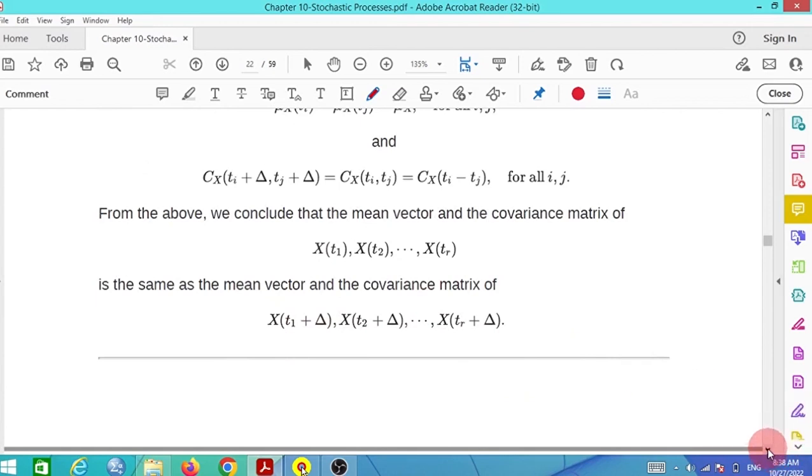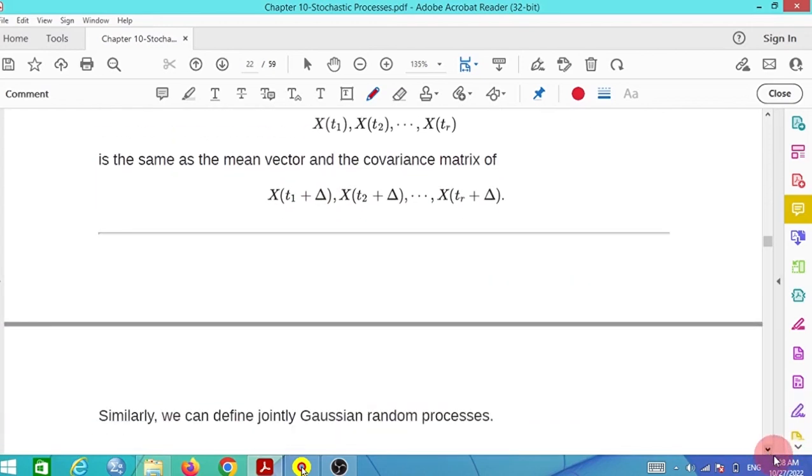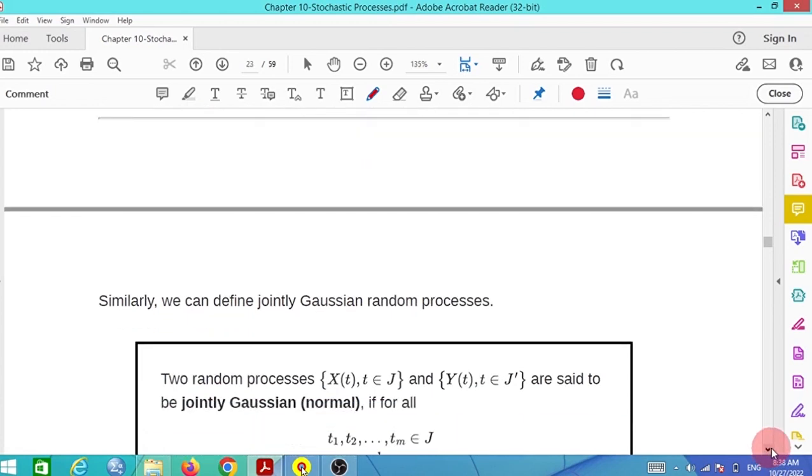So this means that when the process is Gaussian, the mean and covariance or correlation function are not changed if we shift time.